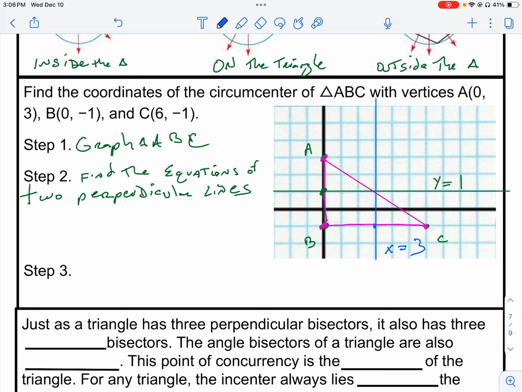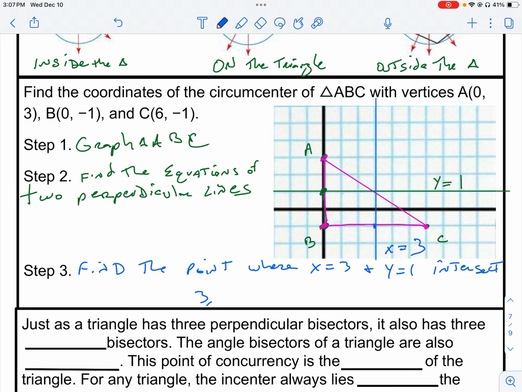Okay, so now I'm going to do step 3, and I'm going to find the point where x equals 3 and y equals 1 intersect.